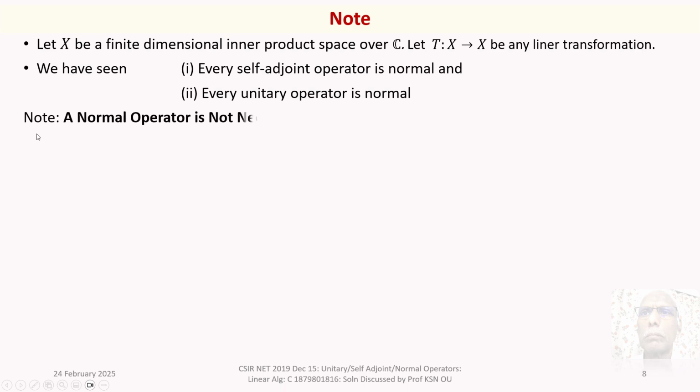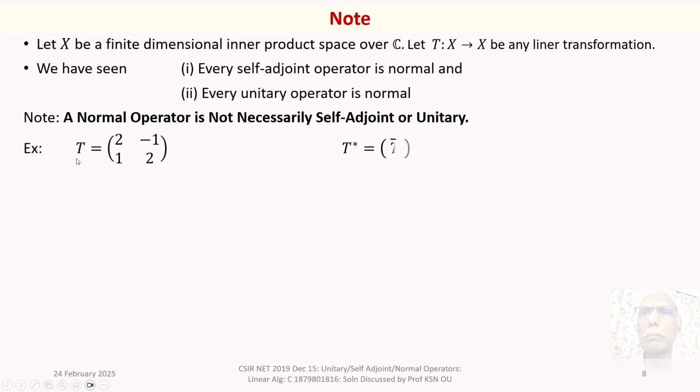Now one is interested in asking whether a normal operator is necessarily self-adjoint or unitary. We want to show that, going in the reverse manner, a normal operator is not necessarily self-adjoint or unitary. For that, you have to give a counter example.